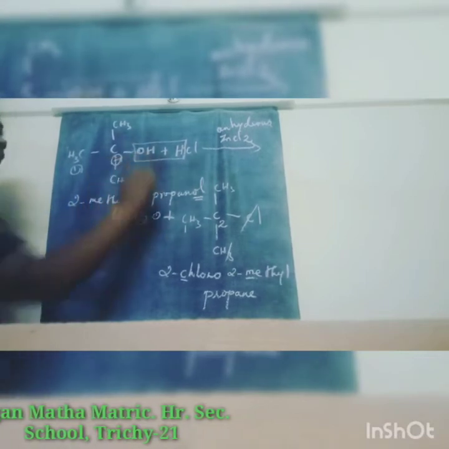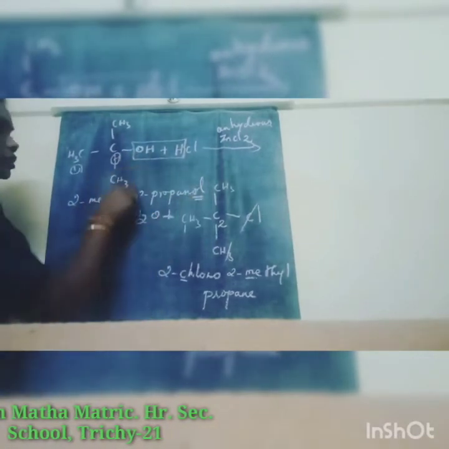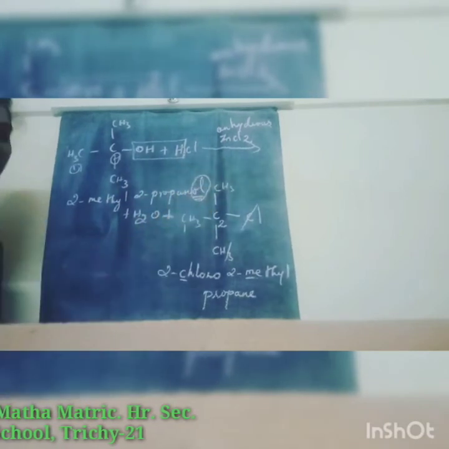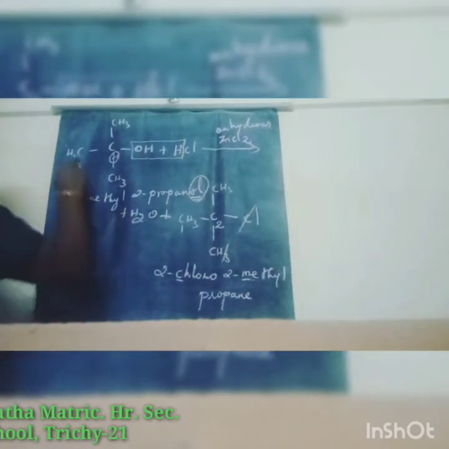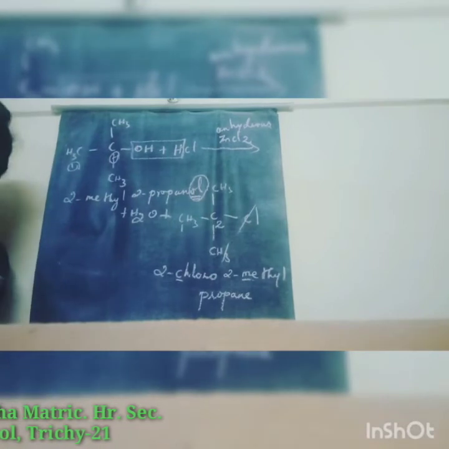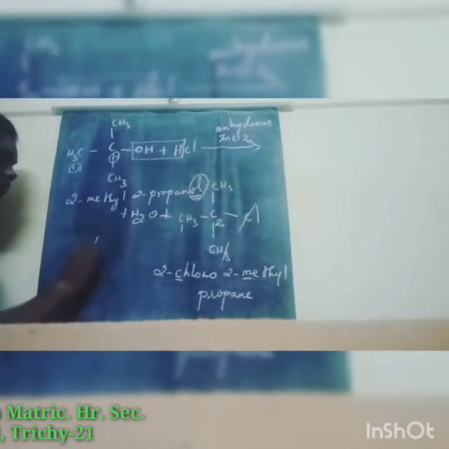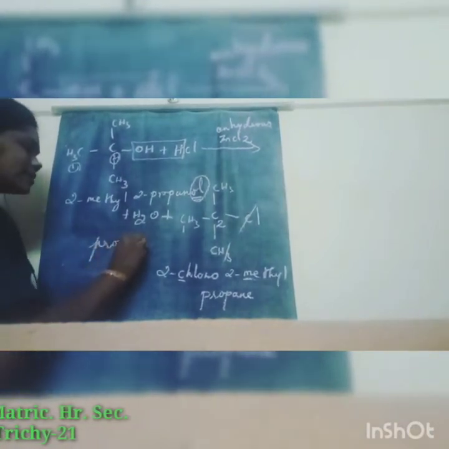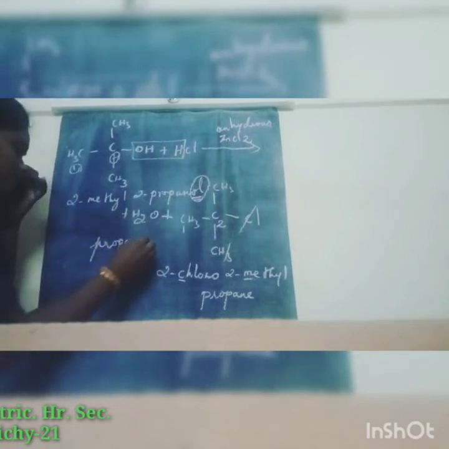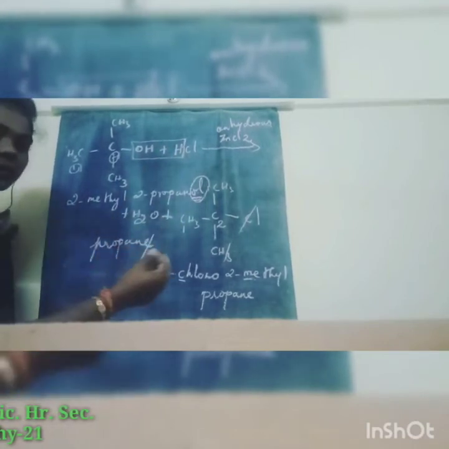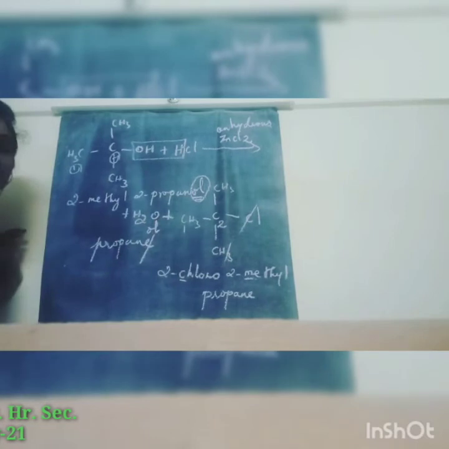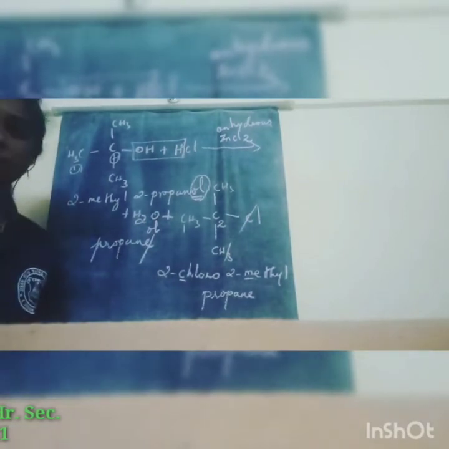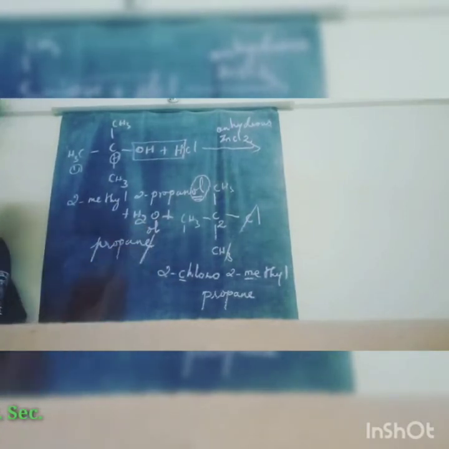On the second carbon an alcohol is also present, so 2-ol. OL means that is the functional group of alcohol. And here 1, 2, 3 carbons are present, so 3 carbons means propane. Here the alcohol group is present as the suffix, so we remove E and add OL. Suppose aldehyde, that is CHO present, so we remove E and add AL.